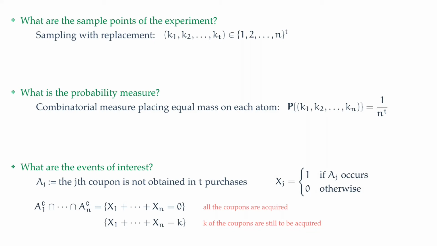If you've acquired the first coupon, then you know that at least one of the purchases cannot be allocated to the second coupon, and perhaps more if the first coupon were duplicated or triplicated, which means that you have fewer chances to get the next coupon. And each new coupon you acquire reduces the chance of acquiring the remaining coupons.